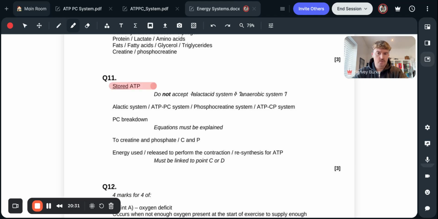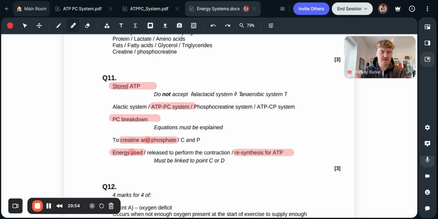So firstly, you use up your stored ATP, of which you have about 2 to 3 seconds' worth. Then the ATP-PC system will be the predominant one here. It is where phosphocreatine is broken down into a creatine, a phosphate, and energy. And then that energy is used to resynthesize ATP.